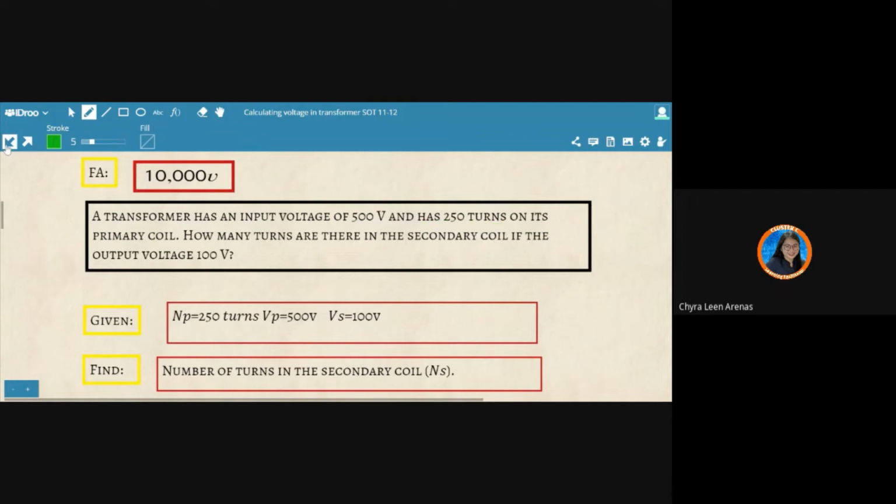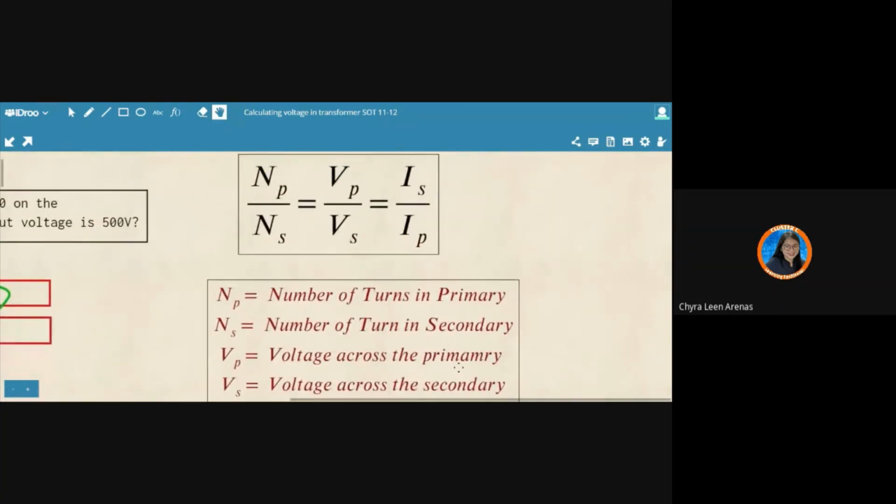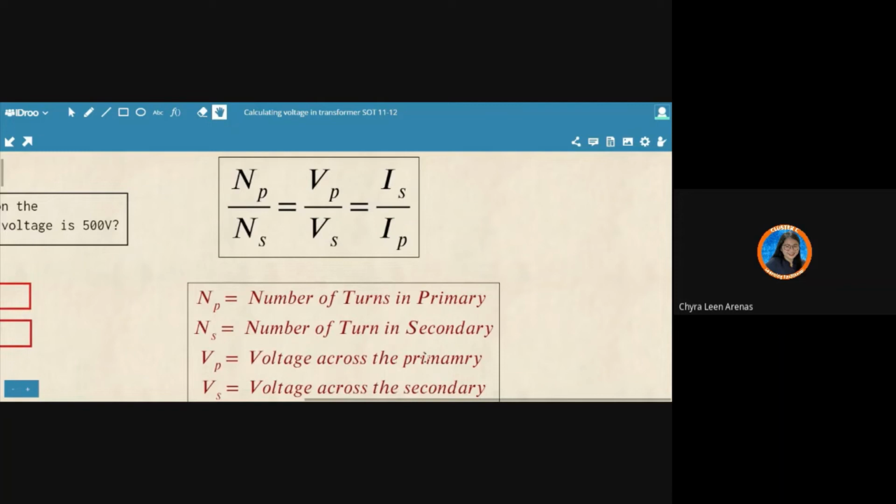We have NP, or number of turns, and voltage. And if we check, they are asking to find the number of turns in the secondary. So, the formula that we are going to use is this one. Because you have voltage, which is primary and secondary, and you have number of turns, which is primary. And you have to look for secondary. So, automatically, this is the formula that you are going to use.